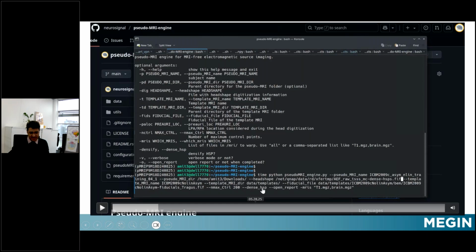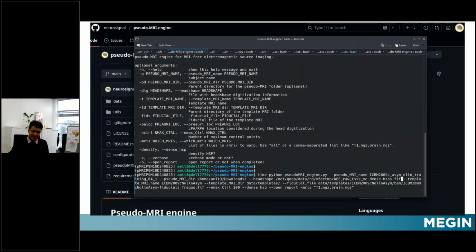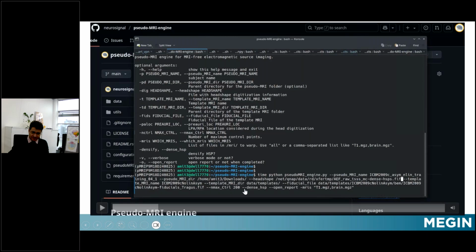Dense HSP is for the case where there are fewer points. For this case, it's not required. It won't densify here because the number of points is not less than 200 or 250, so it uses just the original digitization points.